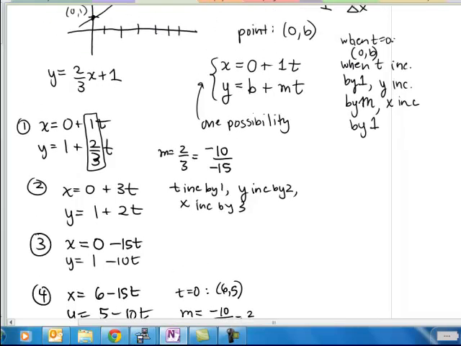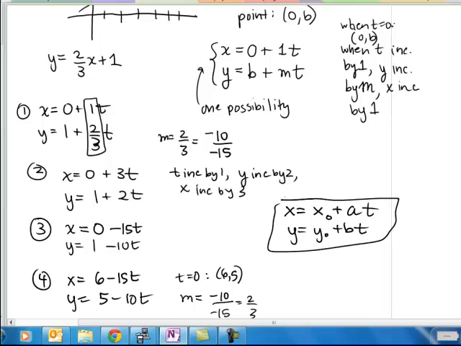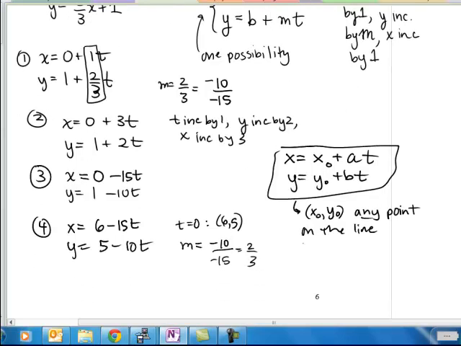So in general, what you want is x equals, let's say, x naught plus at, and y equals y naught plus bt, where the restrictions we have here are that x naught, y naught is any point on the line, and the slope of the line would be the change in y over the change in x, which is the coefficient b to the coefficient a.